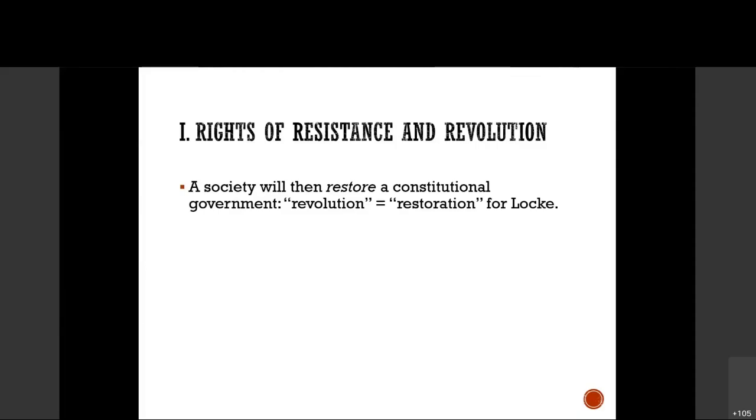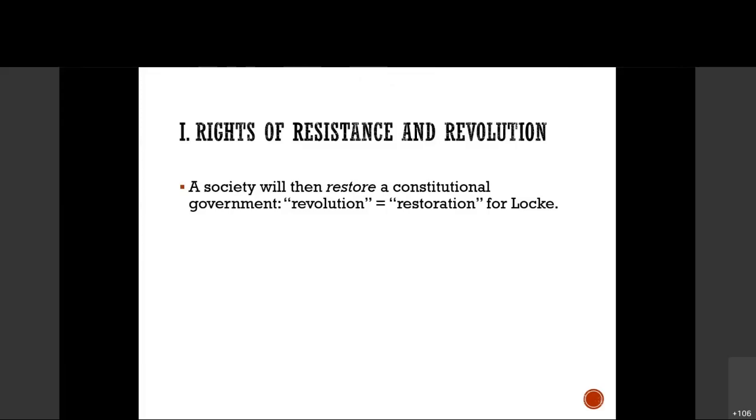So when we talk about the right of revolution in Locke, what we're really talking about is a restoration of sorts. So when you see Locke talking about the traditional arrangement in England between the king, House of Lords, and the House of Commons, that's the kind of normative relationship he thinks needs to be restored after a kind of despotism or a tyranny.